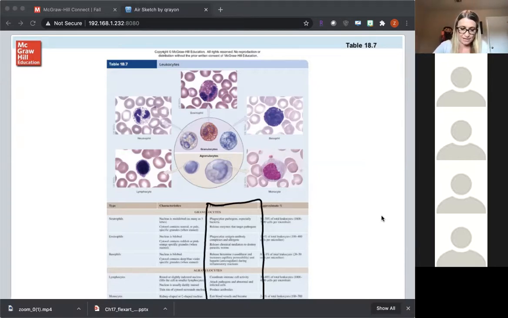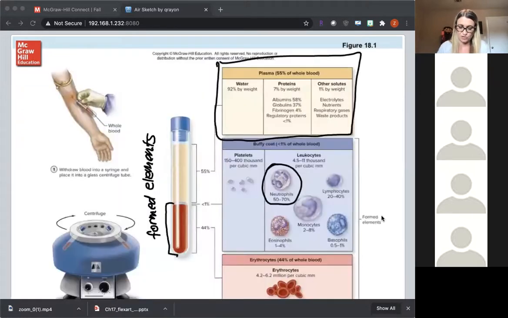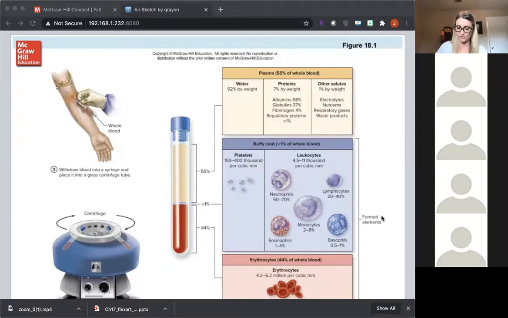Going back to this image right here, since we're already on leukocytes, I wanted to talk about them there. And the last thing out of this is going to be the erythrocytes. Erythrocytes are the most abundant formed element. Write it down, highlight it, and say it to yourself over and over. The most abundant formed element of blood are erythrocytes, okay?